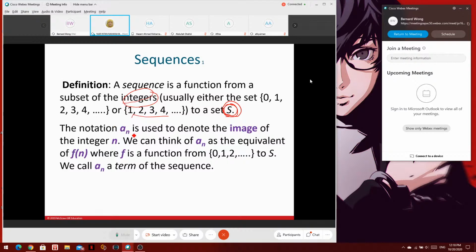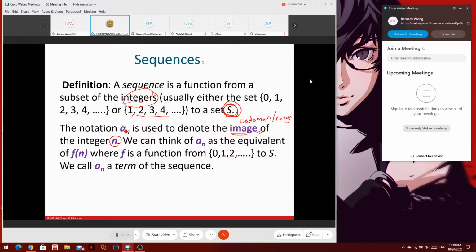The notation a_n is used to denote the image of the integer n. What is this image? It means the codomain, or more specifically, the range.